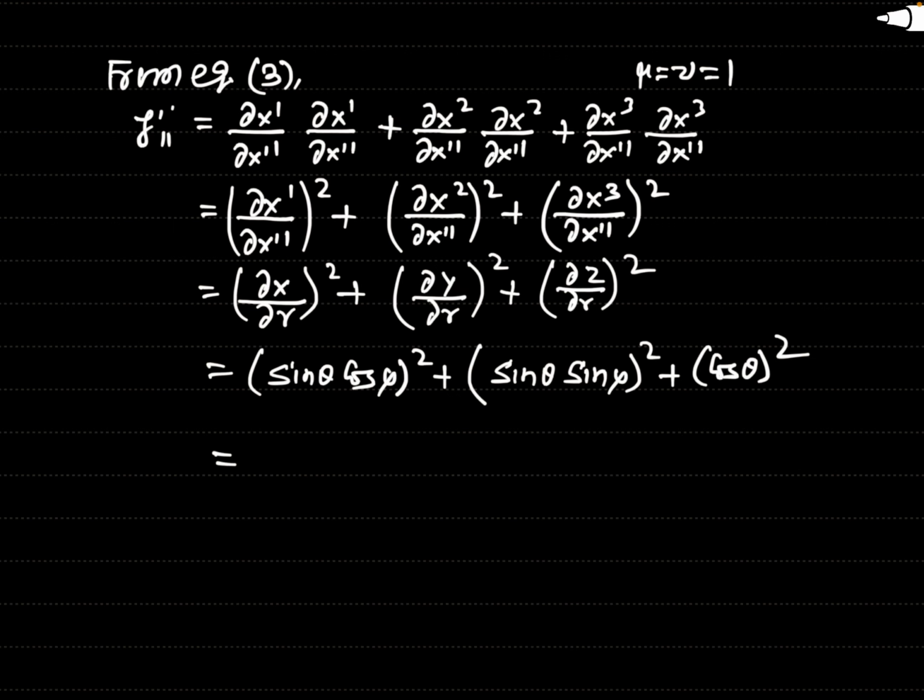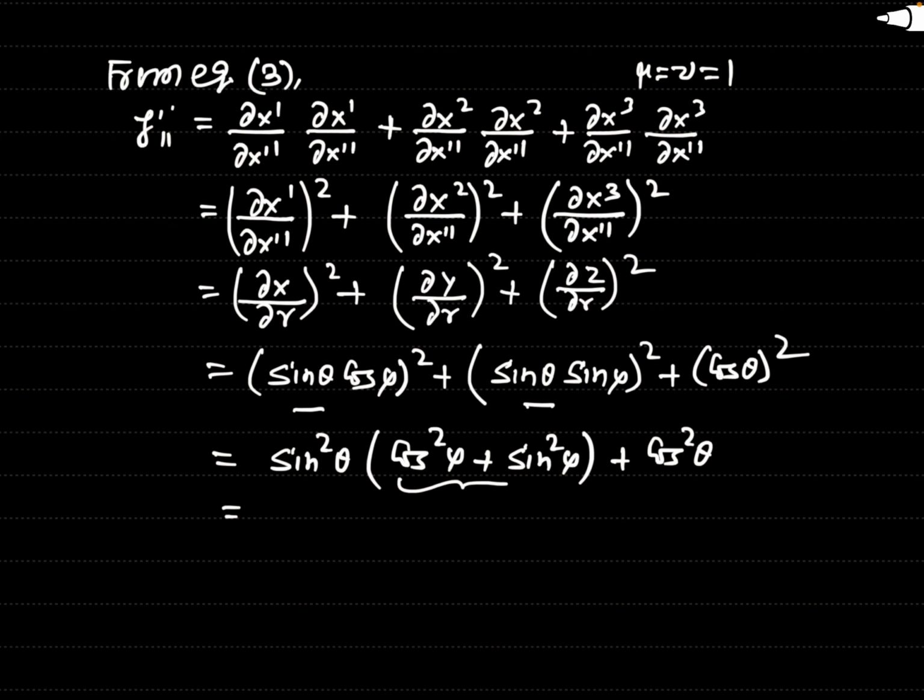In the first term and the second term, sine square theta can be taken as a common factor, and the remaining terms are cos square phi plus sine square phi, and plus the last term, cos square theta.